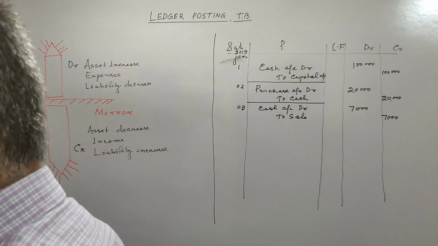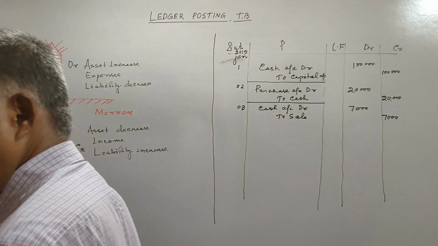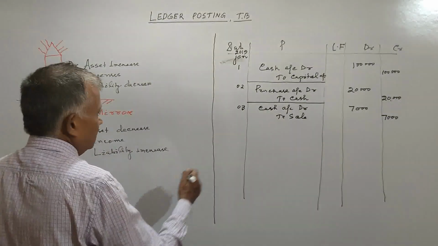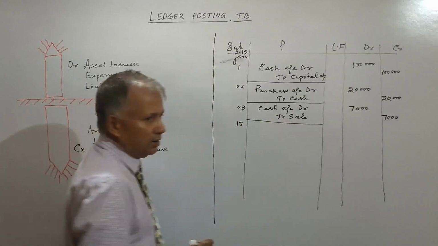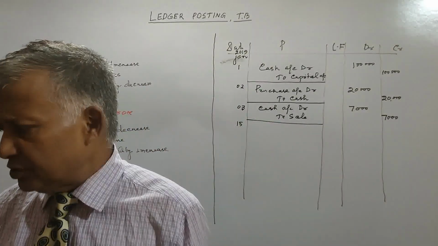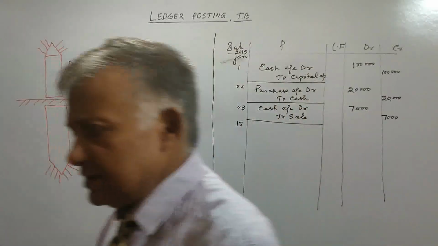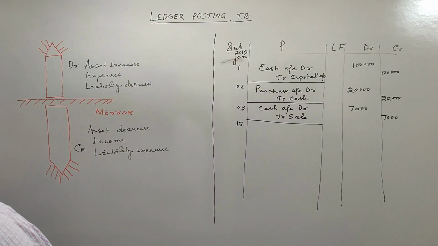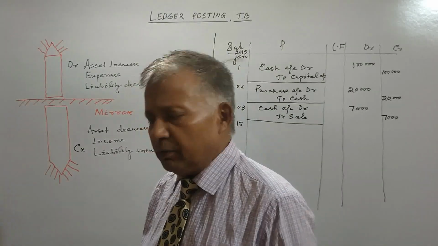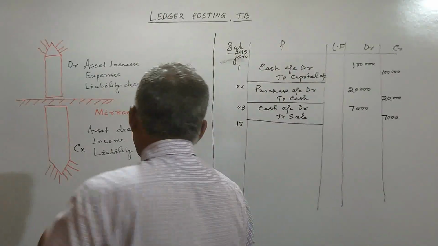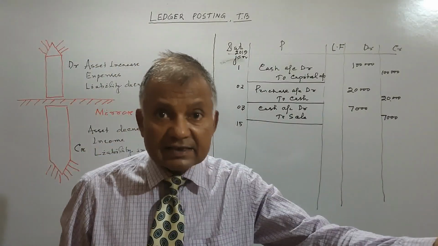Now we are coming to sold goods to Shravan of Delhi 6,000. This is on 15th. Sold goods to Shravan for rupees 6,000, but they have not told you that it is a cash sale.